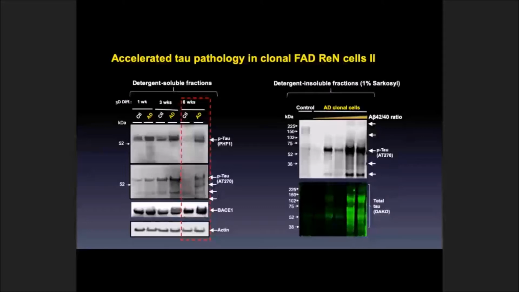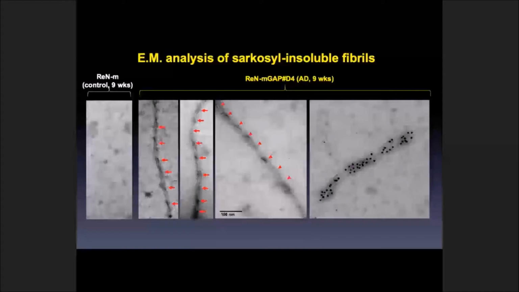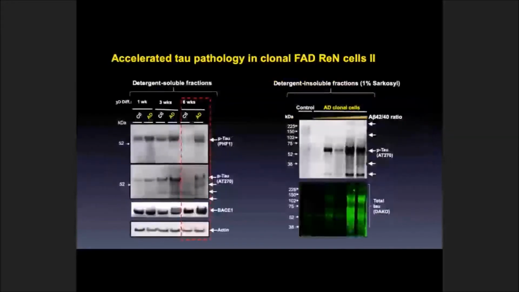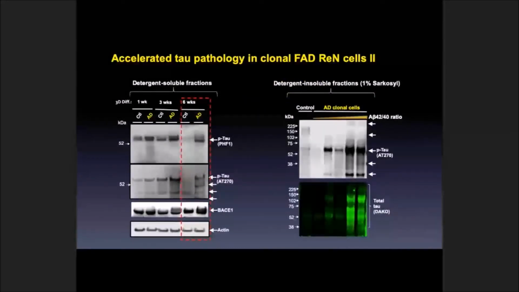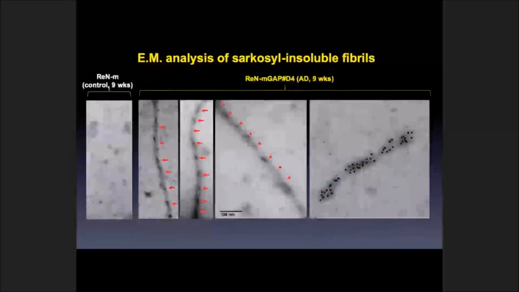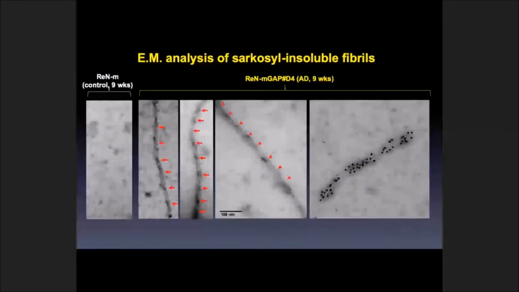And again, the resolution is not that great, but we analyzed the previous fractions with EM. The detergent-insoluble fraction was resolubilized and then examined by electron microscopy. You can see these filament structures, and not only filament structures, but also the twists between each helix.